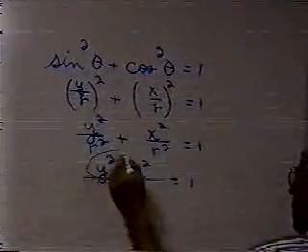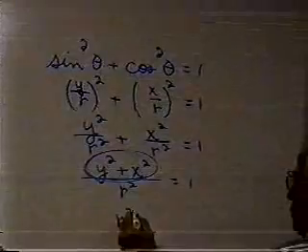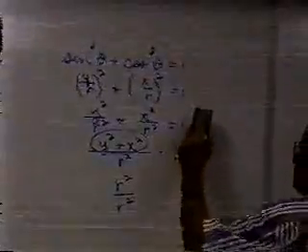And what is x squared plus y squared? It's r squared. So all of these identities are based on x's, y's, and r's. All right? Okay.